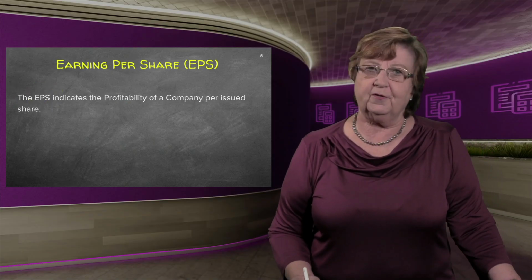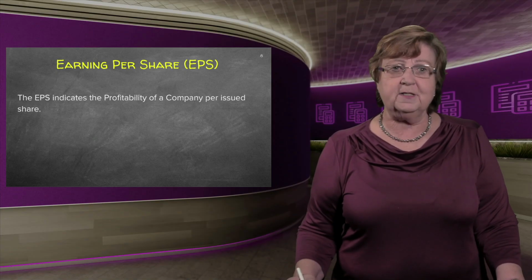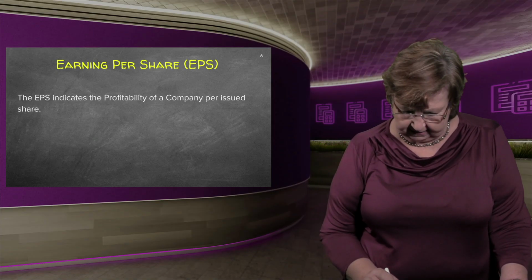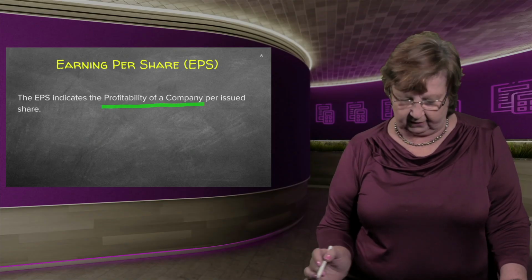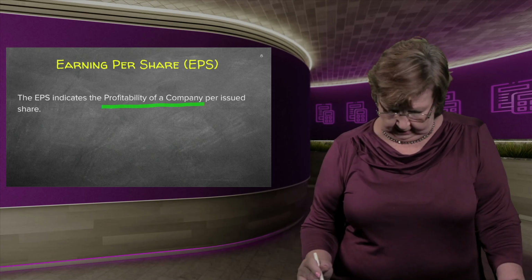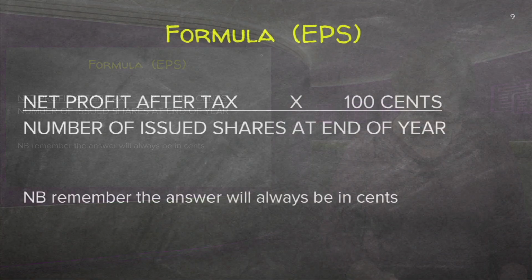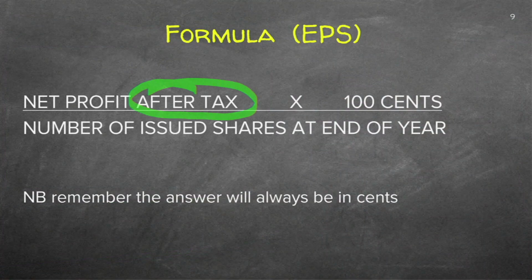We're now going to move on to our earnings per share. The earnings per share indicates the profitability of a company per issued share. Formula: again, net profit, remember it's always after tax, times 100 divided by the number of issued shares. Remember, it's always issued shares.